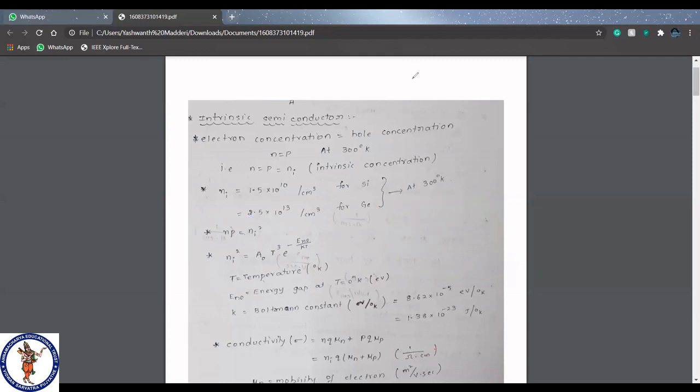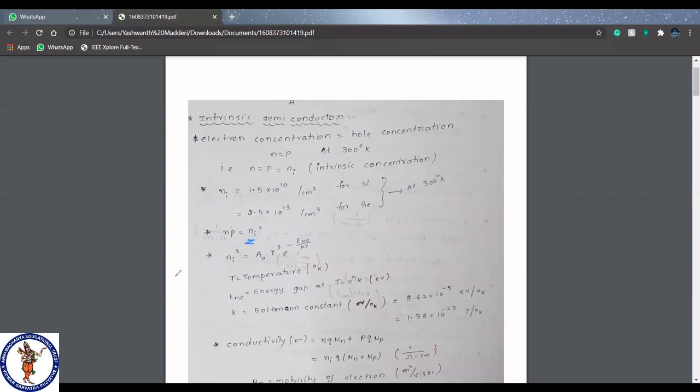This is valid. We will see some problems on this, because this is a very, very important concept with a high probability of being asked in the GATE exam as well. We'll go through it once.